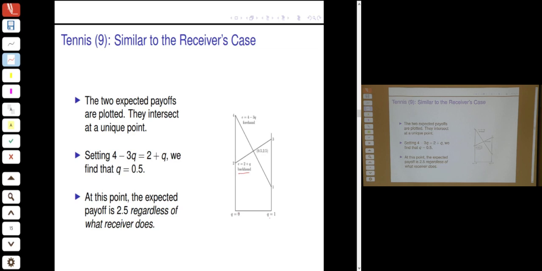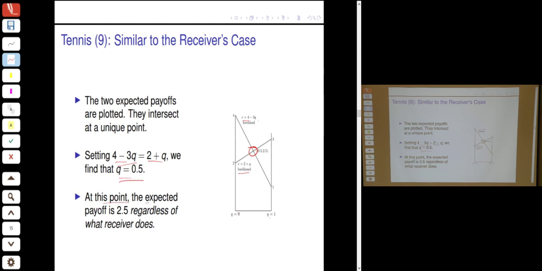Whereas if the receiver plays forehand, then the expected payoff for the server is a decreasing function in q. Again, you can do the same yoga and focus on the intersection point, which is the sweet spot, and solving for the intersection of these two straight lines, you will find that q is equal to 0.5.